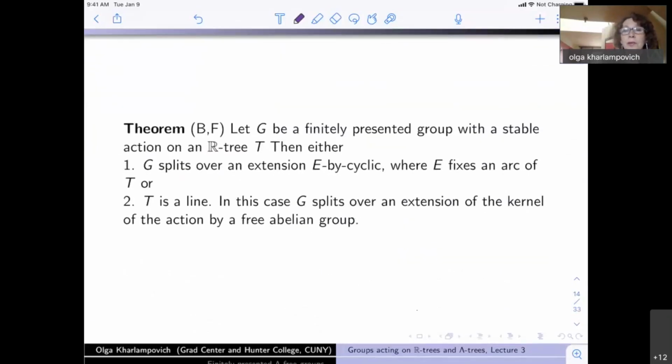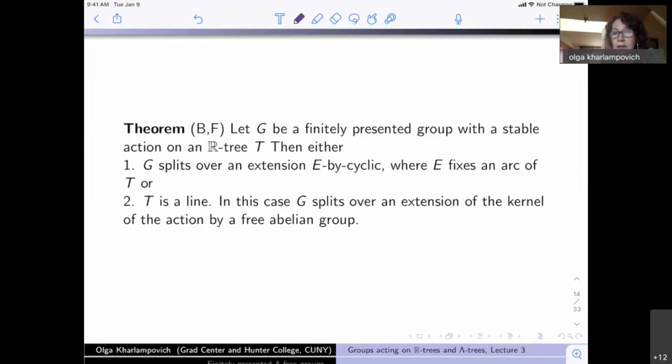So the theorem can be formulated, this is by Bestvina and Feighn, that if G is a finitely presented group with a stable action on an R-tree, then either G splits over an extension E of a bicyclic group, meaning that the edge group E fixes an arc and E is an extension of a bicyclic group. So the edge groups in this graph of groups are like this.